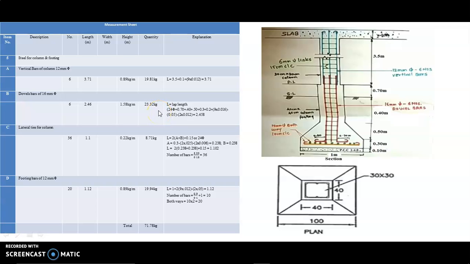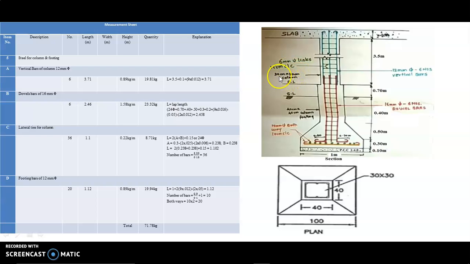Now we have to find the lateral ties for the column. For that, we have one formula which we discussed in our previous lecture: 2 into (A plus B) plus 0.15 or 24 phi. First we find A. The lateral ties are 6 mm diameter at 15 centimeter center to center.